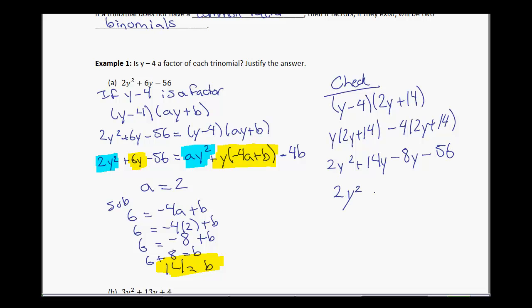Collecting like terms, we get 2y squared plus 6y minus 56. And that does match our original trinomial. Everything worked out correctly. Awesome, let's try another one.